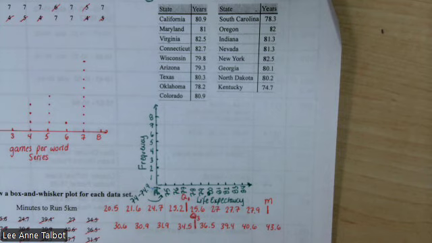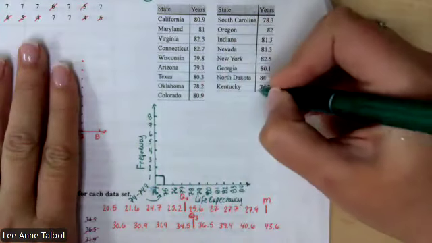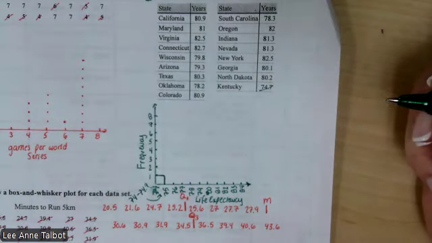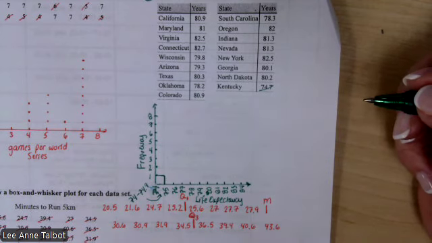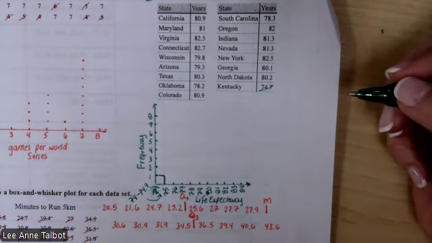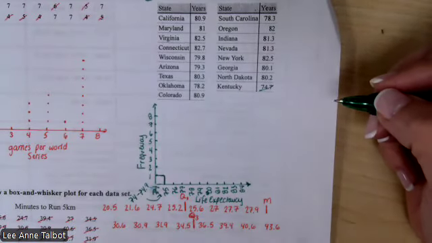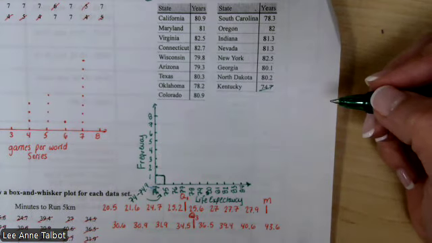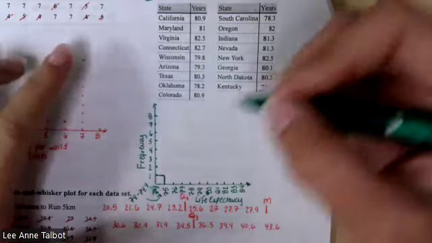Looking up at this data set, how many numbers are in the 74s? One. Okay. And how many numbers are in the 75s? 0. And how many numbers are in the 76s? 0. And how many numbers are in the 77s? 0. And how many numbers are in the 78s? 2.